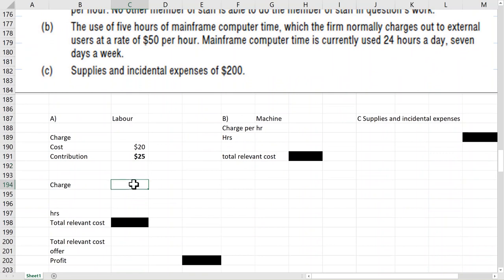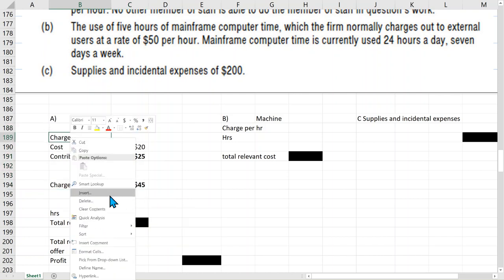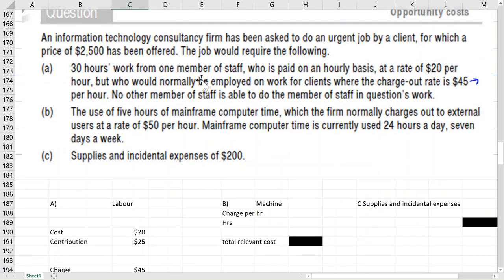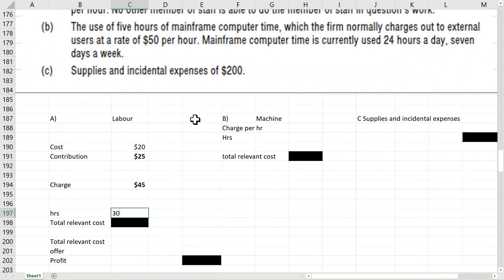So when you add it together, it becomes 45. But it is better to always do it like this. Always take your labor cost and contribution, even if it gives you the exact answer. And the total hours is 30 hours. So per hour we are charging 45.